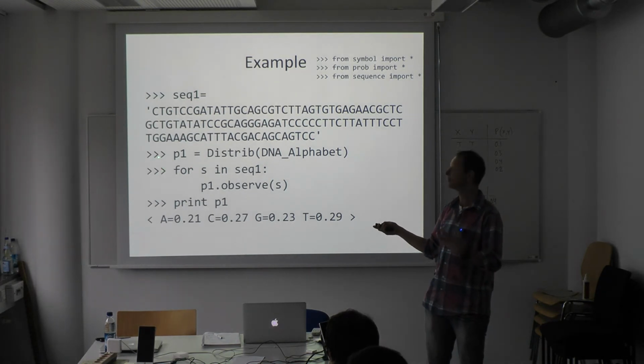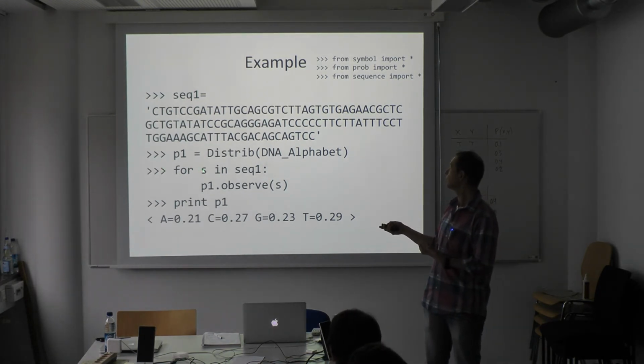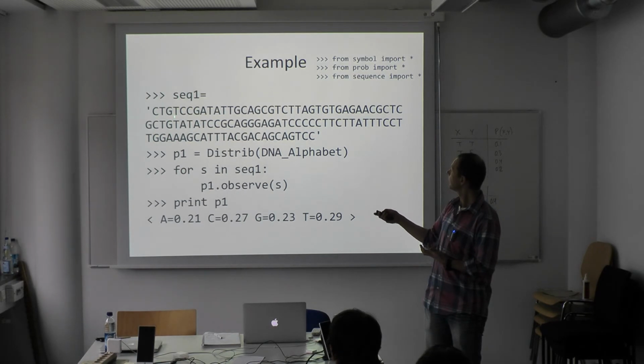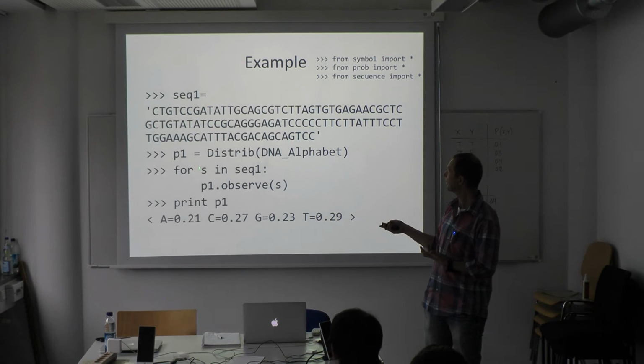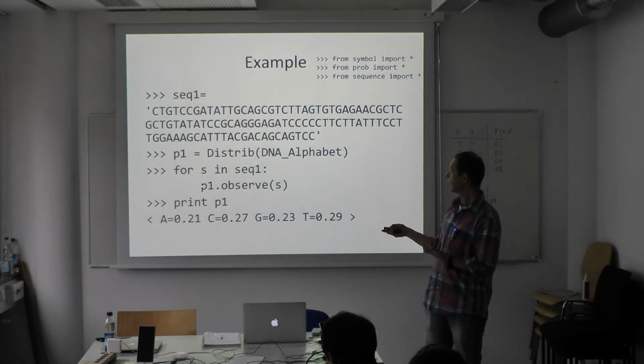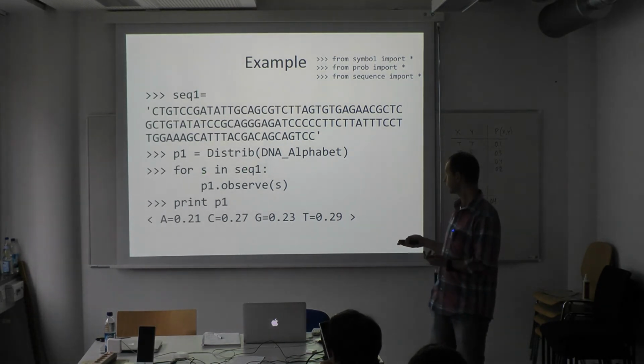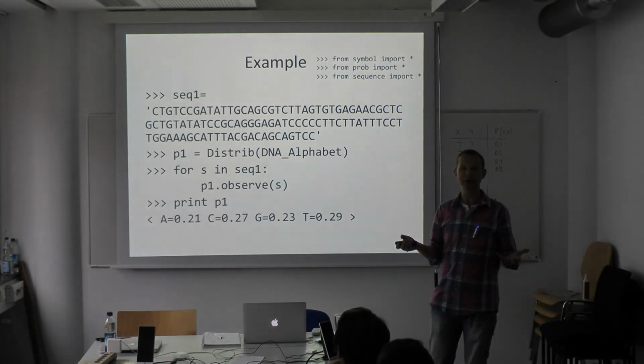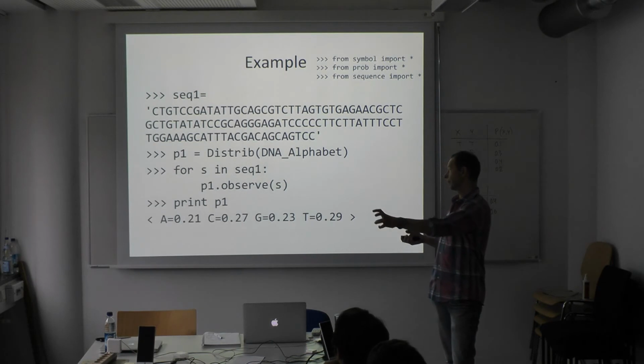And then we're going to train it. We're going to do so by just iterating through this whole sequence, and we're going to look at each symbol S in that sequence here. And we're going to observe it. And then we're going to print it so that we can look at the parameters that we've estimated from this data.